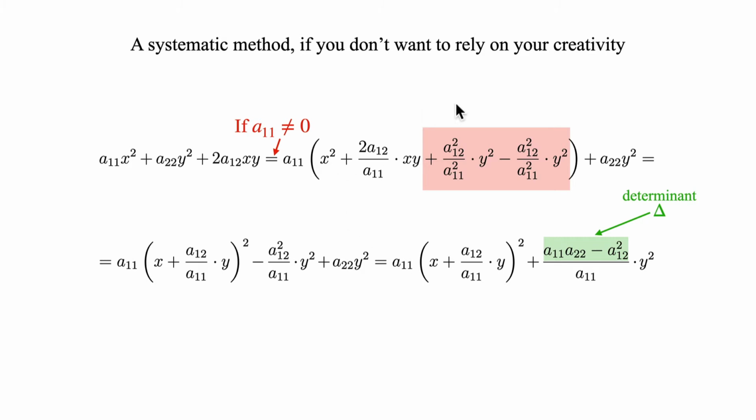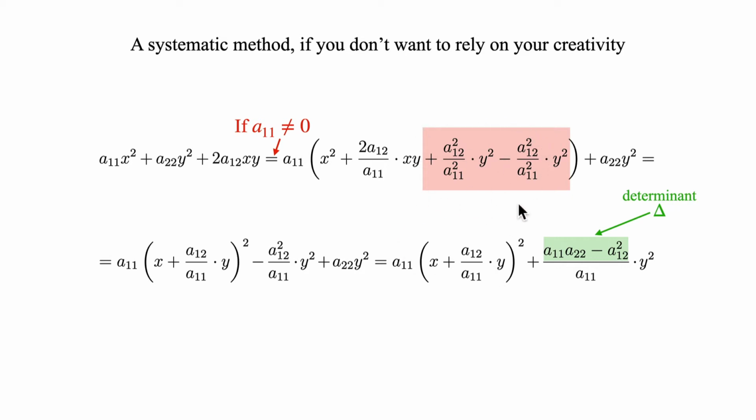So if you don't want any creativity and if you just want to know the closed formula for completing the square, you can read through this derivation. I will not read it for you. You can read it on your own. All the steps are here on the way.